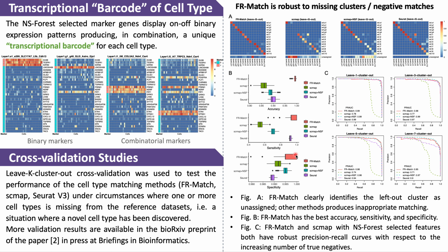And Figure C shows that as the number of left out clusters increases from 1, 3, 5, and 7, FRMatch and one variation of scmap have the most robust precision-recall curve. However, the variation of scmap has weaker performance in other aspects.